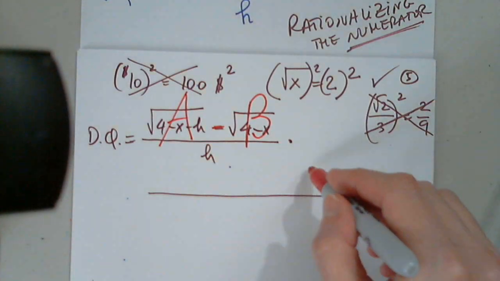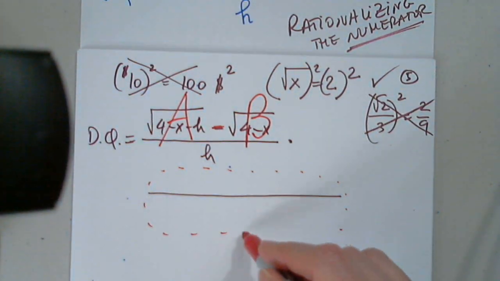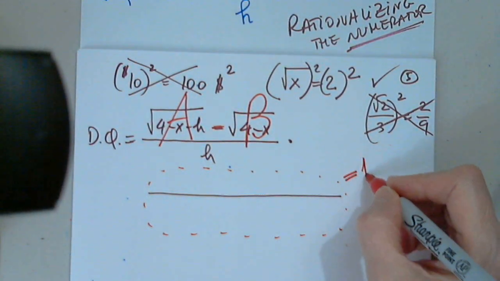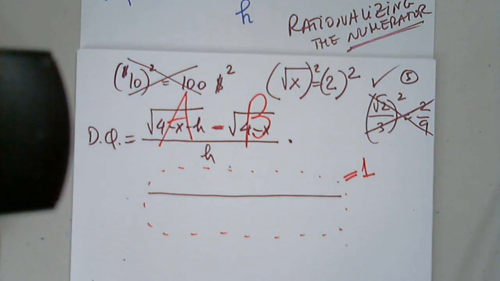This entire quantity has to be 1. Multiplication by 1 doesn't change anything. So can anyone tell us what to multiply and divide by? And it has to be the same quantity, of course.